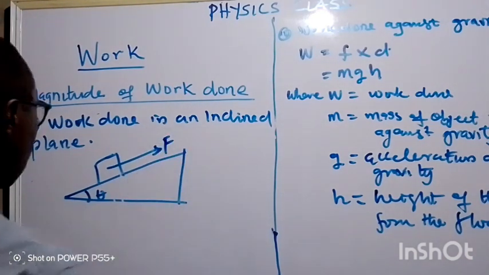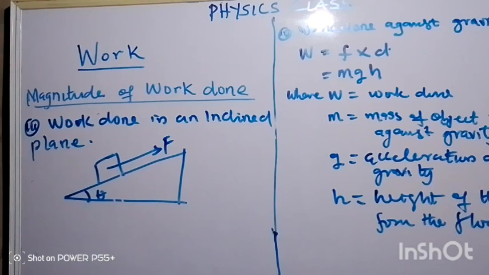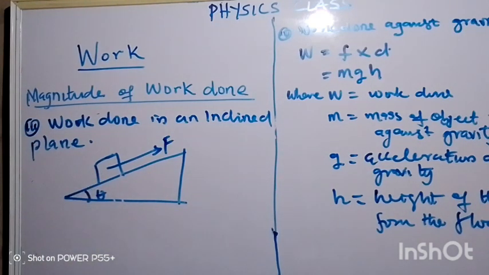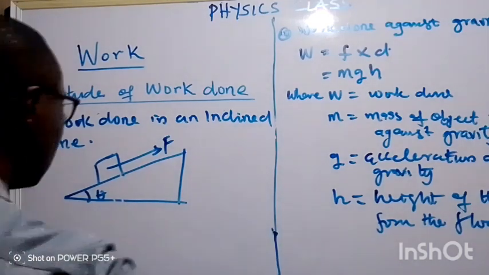Since this one is an inclined plane now, don't forget, as I said the other time, if it is a horizontal plane, then work will be force multiplied by horizontal distance.